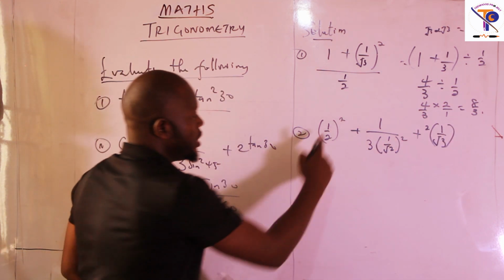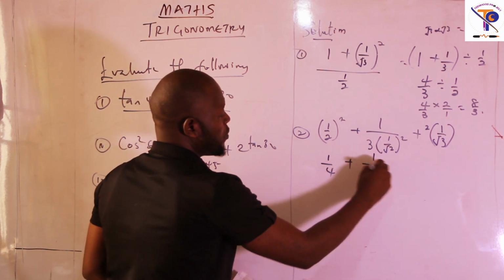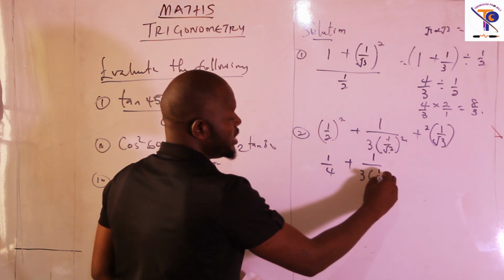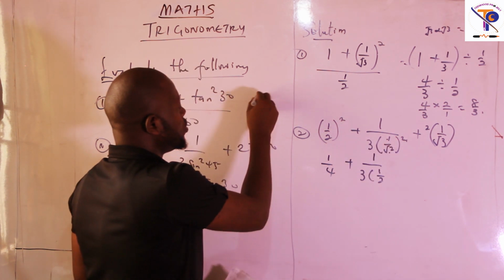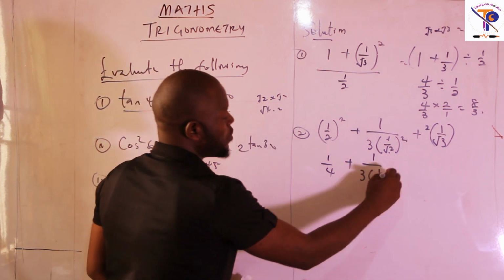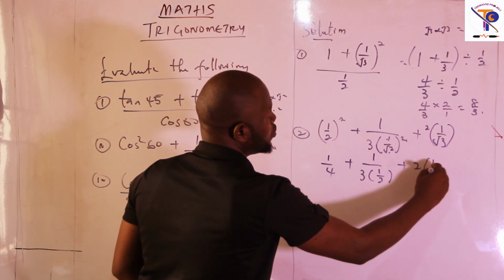So from here, this is going to be 1 over 4, as you can see, plus 1 over 3 into 1 square is 1. Then root 2 square is 2, like we did the other time. That is root 2 times root 2 will be root 4, and root 4 is equal to 2. So we have 1 over 2 plus 2 into 1 over root 3.